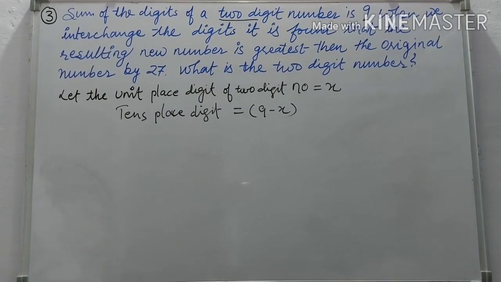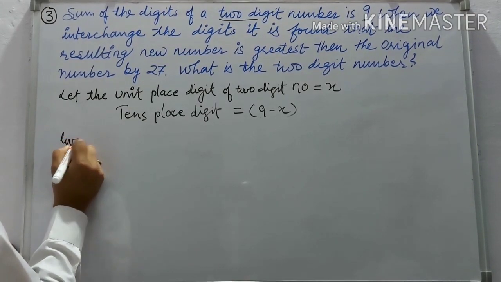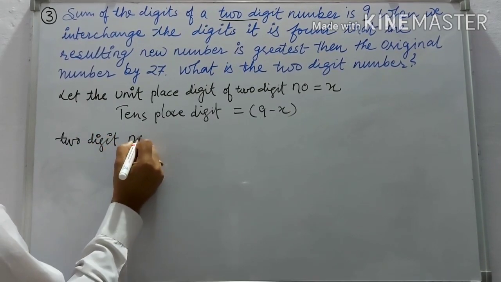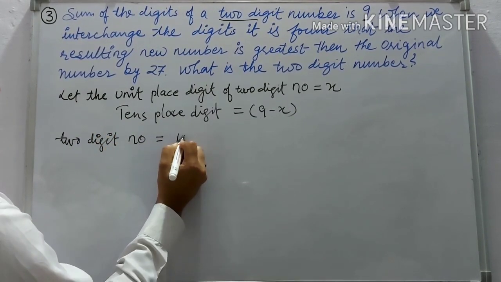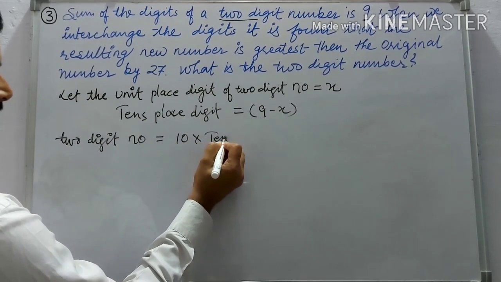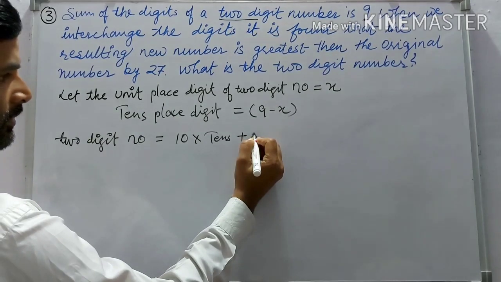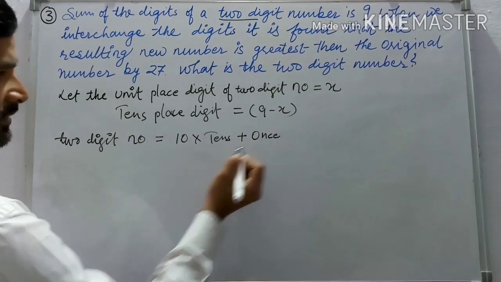Then write the two-digit number. A two-digit number is 10 into tens plus ones. Ones means the unit digit.